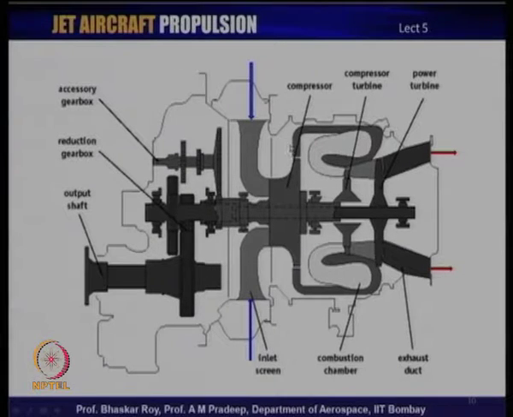It has the compressor, the compressor turbine, and then the power turbine, and this is the shaft through which the power comes, and then you have this output shaft over here, which runs the rotor, and then you have the huge reducing gearbox, which reduces the rotating speed by a factor of 50 to 100. And these are the systems which you have, and this is the inlet.